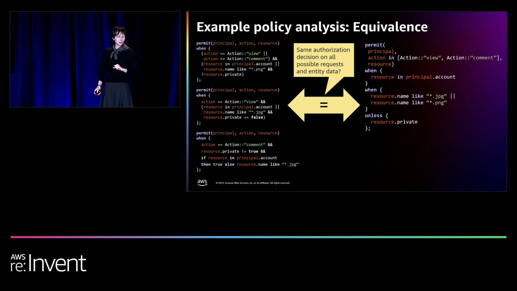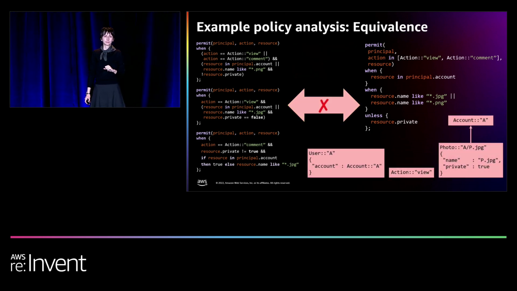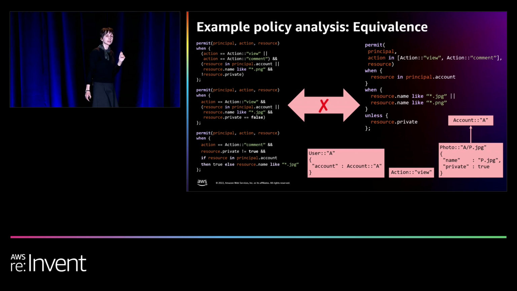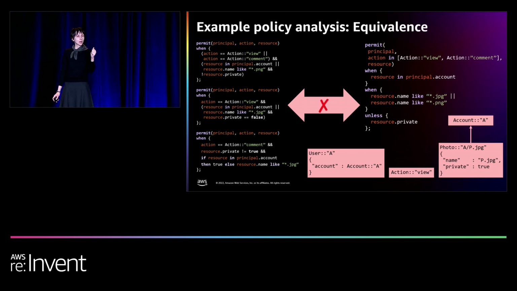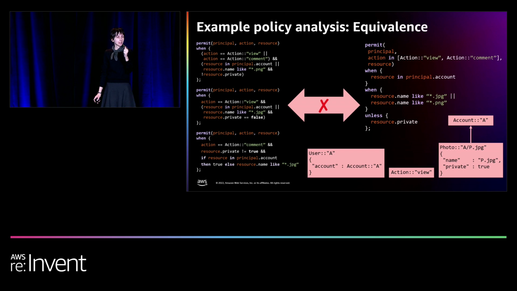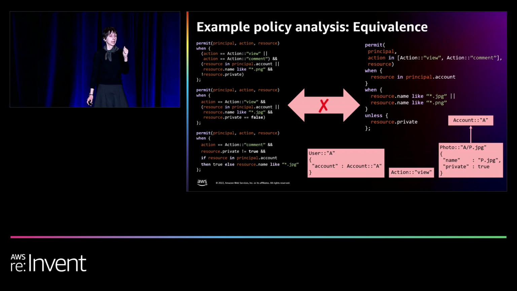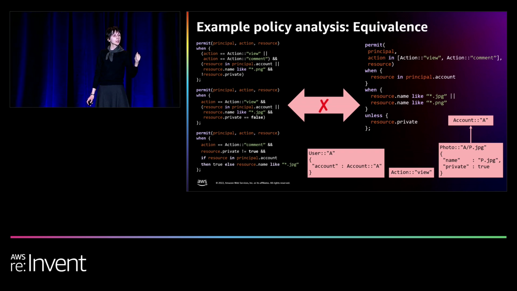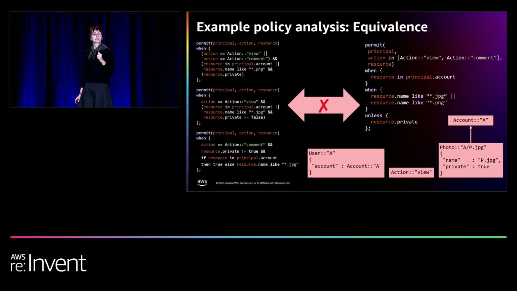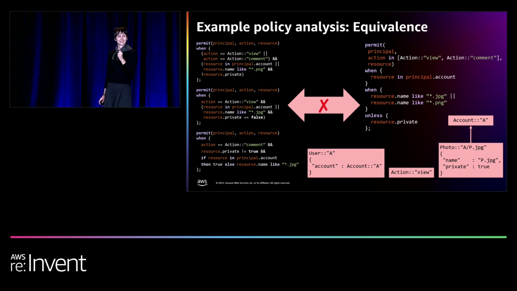In this case, the answer is going to be no. I made a subtle mistake when I did this refactoring, and the analysis is going to synthesize a concrete witness, a test case, right? A request and an entity store, such that if you were to run this request against this synthesized entity store, you would see that the old policy set permits this request while the new policy set does not, okay? So it's found a bug.